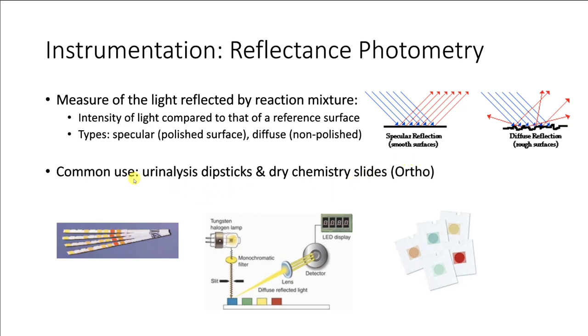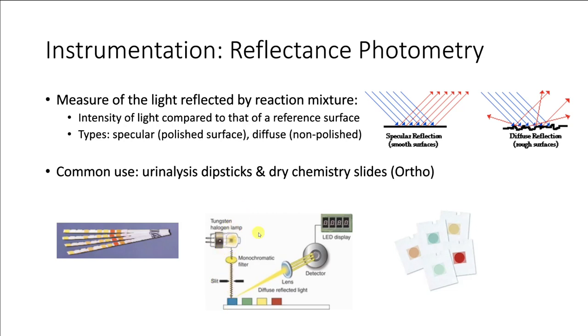But what's really cool is you've more likely than not seen reflectance photometry. You know these UA dipsticks here? When you dip them into your urine, they change color, and based on the way that color changes and is reflected by the light that reads out, we can determine the chemistry results.